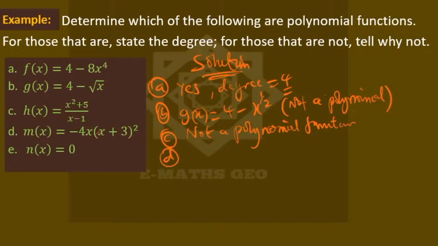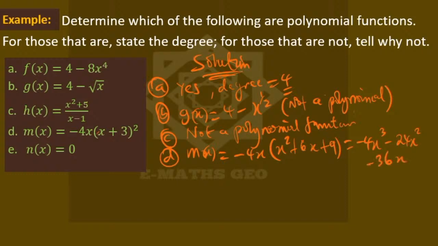The D part is a polynomial, yes, because we can still expand this as minus 4x times x squared plus 6x plus 9, which is minus 4x cubed minus 24x squared minus 36x. So here the highest power is 3, so the degree is 3.